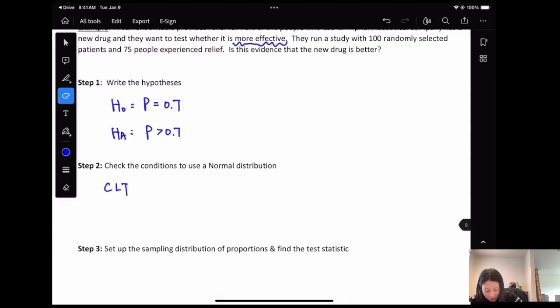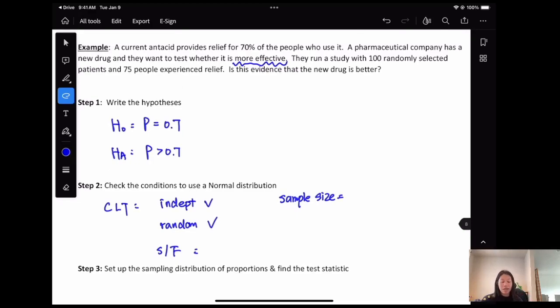So that means the alternative hypothesis is that the proportion is greater than 70%. Now with the central limit theorem: independence, check; randomization, check; success failure condition, we haven't checked yet. So first of all, look at the sample size. How many people are they sampling? 100 people, right? So the sample size equals 100.